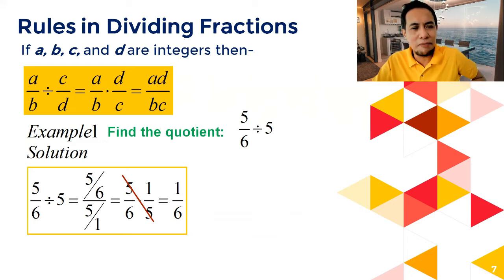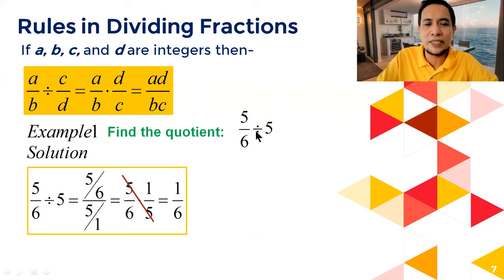We'll have example number 1. Find the quotient of 5 over 6 divided by a whole number, 5. So what's the process? 5 over 6 divided by 5 is equal to 5 over 6 divided by 5 over 1. The two are equal. 5 over 6 is the numerator, and your denominator is 5, or 5 over 1.